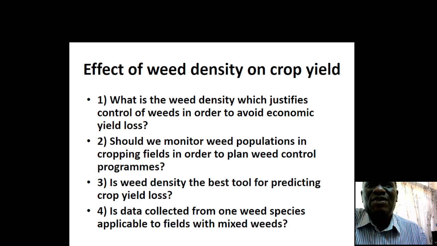The other issues are for weed management. Should we monitor weed populations in cropping fields in order to plan weed control programs? It looks like yes, we should do this.